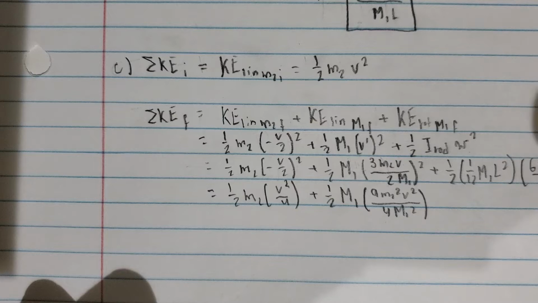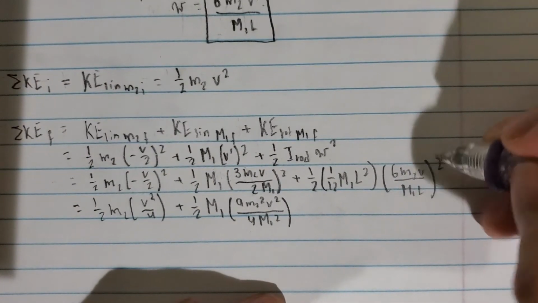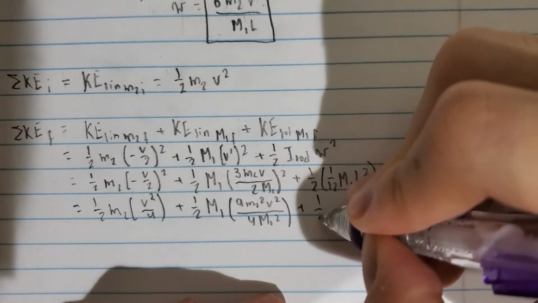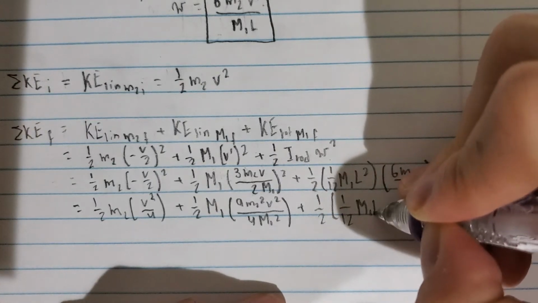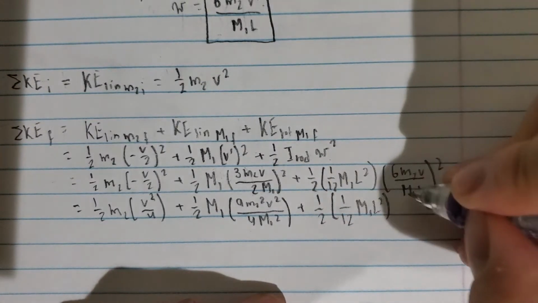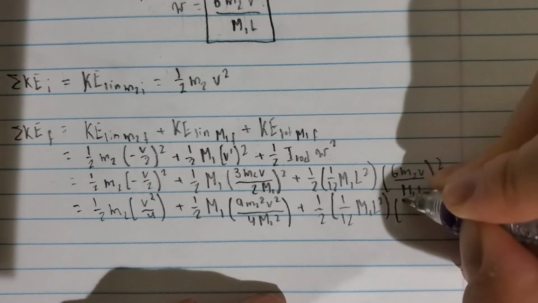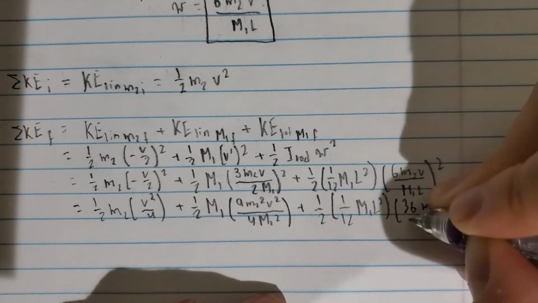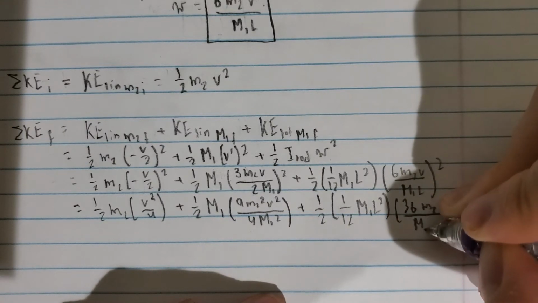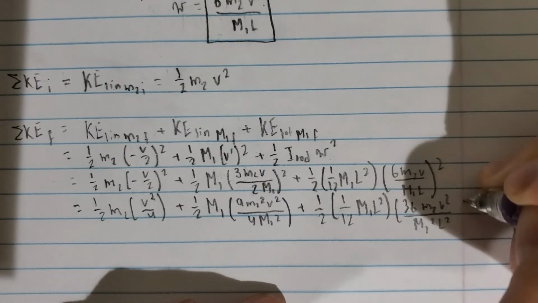For this, I'm going to distribute this square, so 1/12 times, all this stays the same first, and so okay, 6 squared is 36, M2 squared V squared over M1 squared L squared.